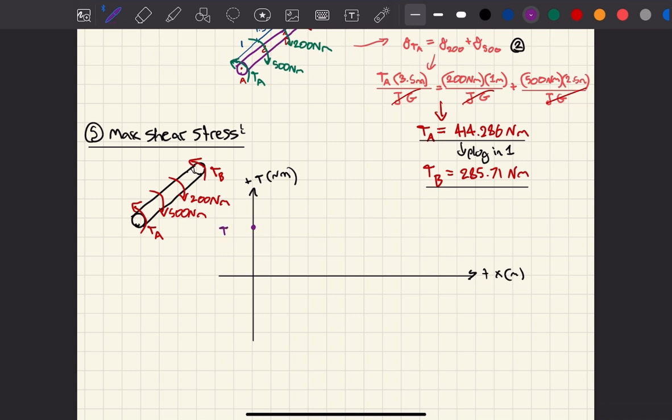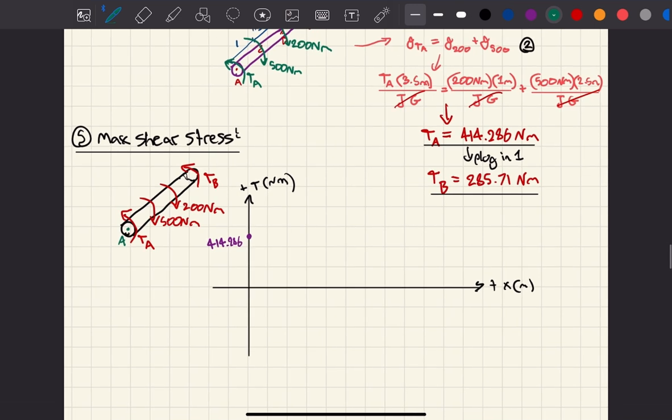Well, it's simply 414.286 Newton meters. Okay, beautiful. If I cut my beam from this section, and let's draw the points as well. This is A, and this is C, D, B.